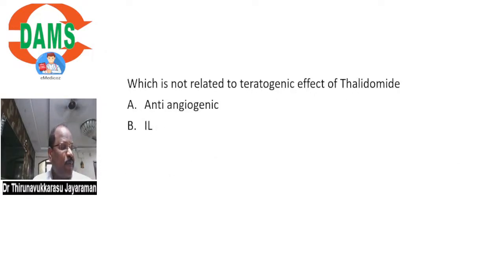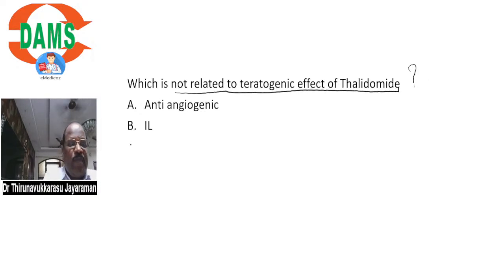Somebody posted this question, but exactly they did not post the option which is not related to the teratogenic effect of thalidomide. Can you tell the answer? Because I'm not able to reach the diagnosis, since they're asking which is not related.